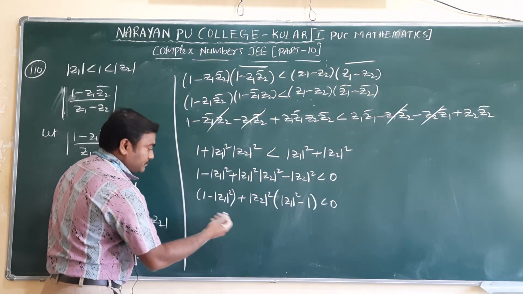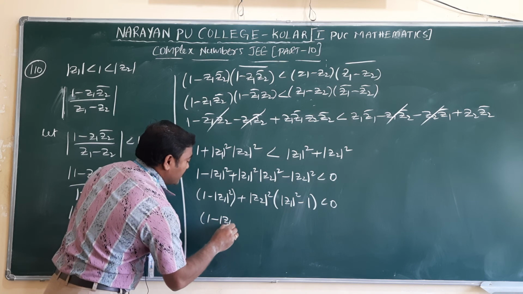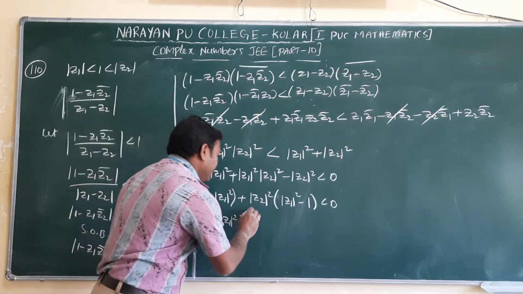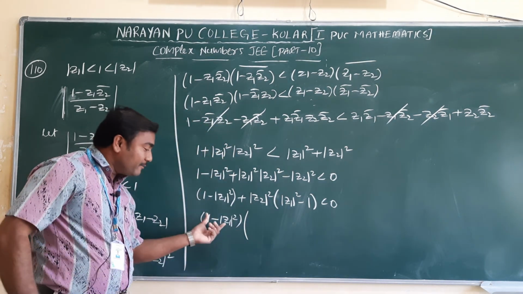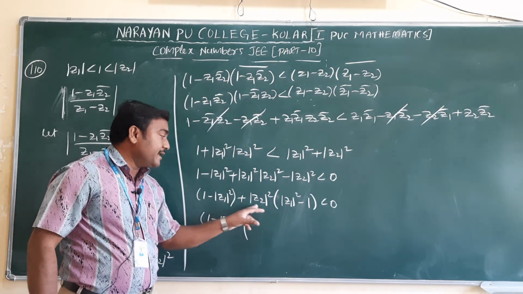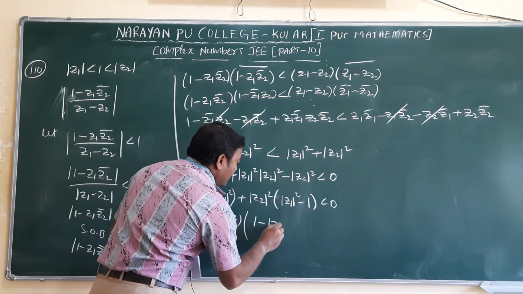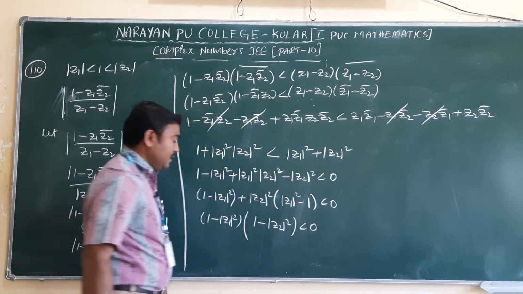Now here 1 minus modulus of z1 square, you take common, remaining, because here modulus of z1 square minus 1, here we have to take common, 1 minus modulus of z1, we are getting here a negative sign, minus of, here remaining 1 minus modulus of z2 whole square is less than 0.